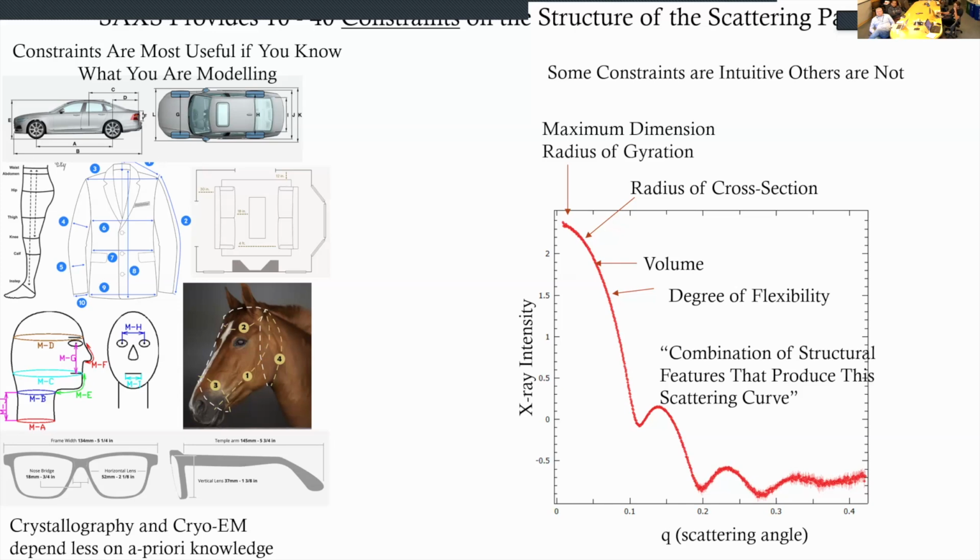You want to input all the constraints you can, and that makes your SAXS data much more powerful, right? So if you know you're modeling a car, there are 40 constraints, right, that you can get from your SAXS data to constrain the dimensions. If you know you're already working on a car, that's very different from the important parameters of, let's say, glasses. Okay, so please, make sure that you're incorporating the data, the information you have. It's a set of constraints.